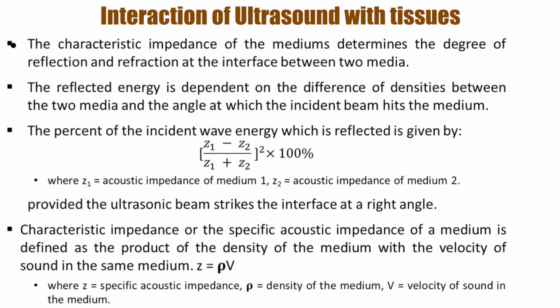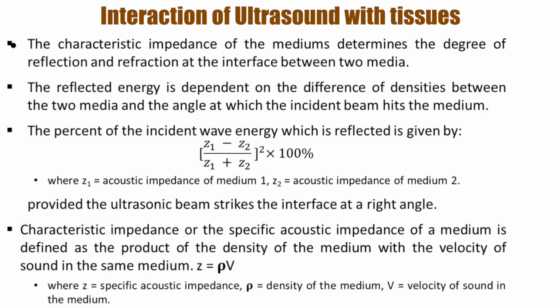The percent of the incident wave energy which is reflected is given by (Z1 minus Z2) upon (Z1 plus Z2) whole square into 100, provided the ultrasonic beam strikes the interface at a right angle, where Z1 is the acoustic impedance of medium 1 and Z2 is the acoustic impedance of medium 2.